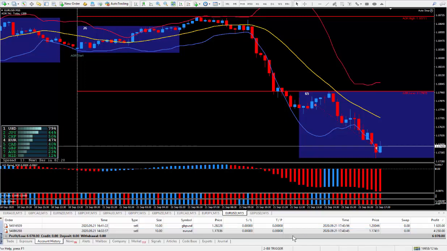So let's see, if you're adding up the pips, that came to 62 pips, pretty close to the last day I was trading, which happened to give me 61 pips, but 62 pips paid $6,070 for a couple hours work. Love trading with the BB trigger.